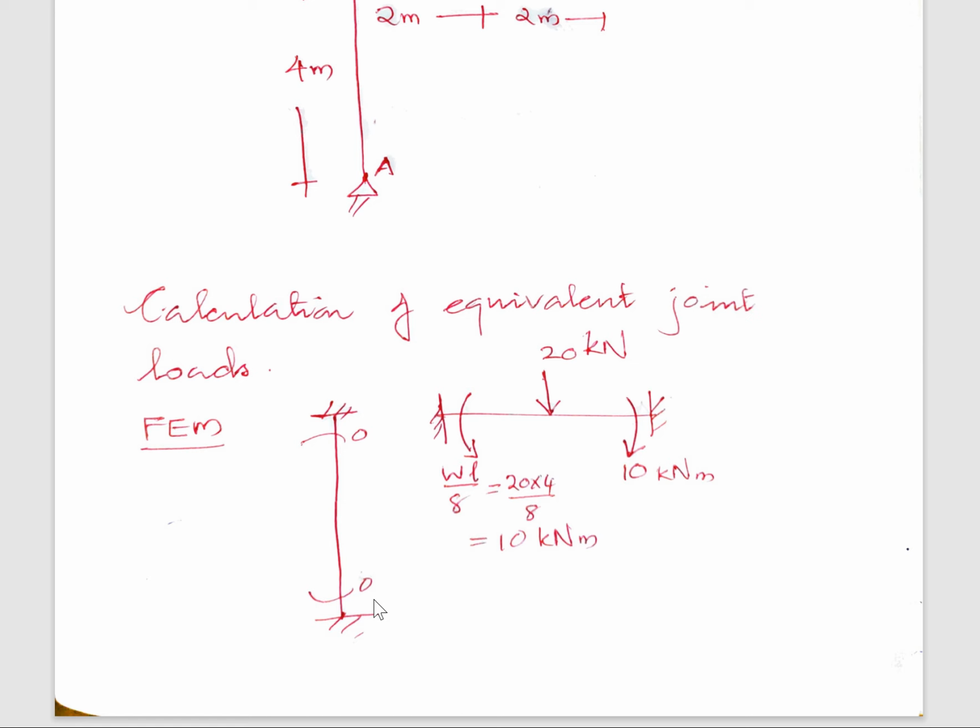Then for the span BC, MFBC is equal to minus WL by 8, that is 10 kilonewton meter in the anti-clockwise direction, and MFCB is equal to positive WL by 8, that is 10 kilonewton meter in the clockwise direction. So these are the fixed end moments acting on the frame.